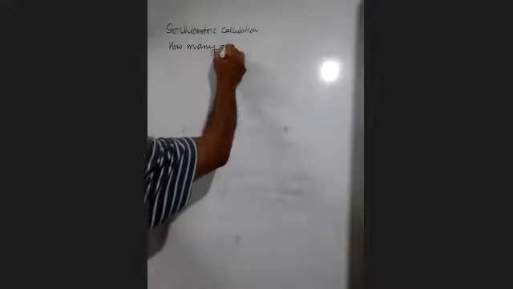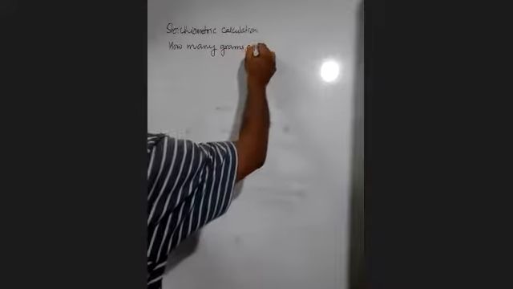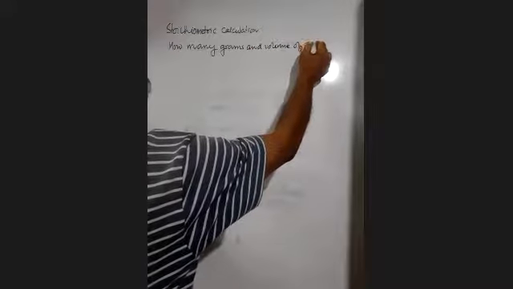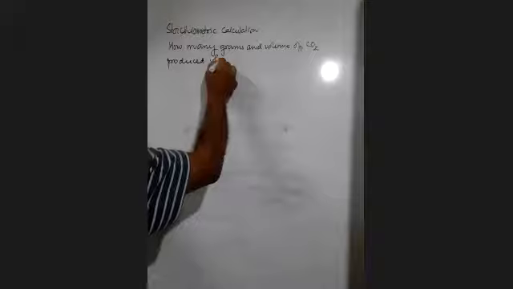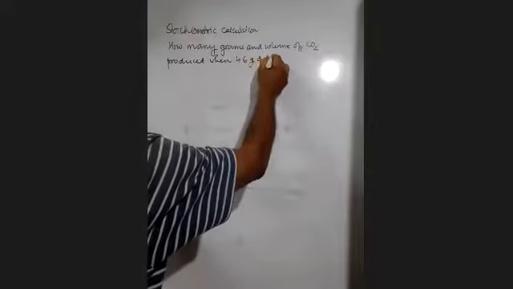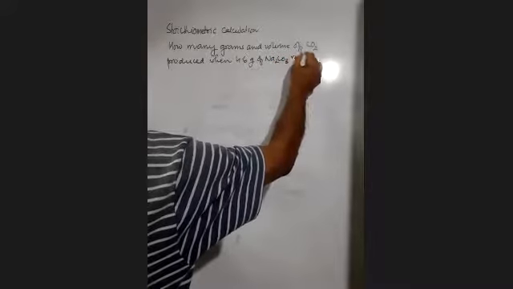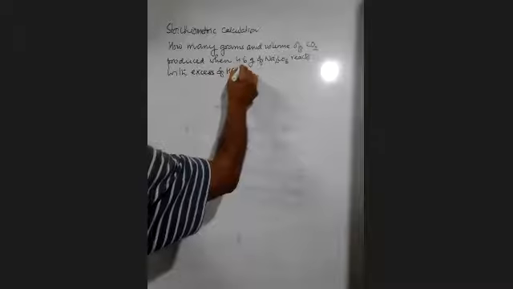How many grams and volume of carbon dioxide are produced when 4.6 gram of sodium carbonate reacts with excess of HCl.